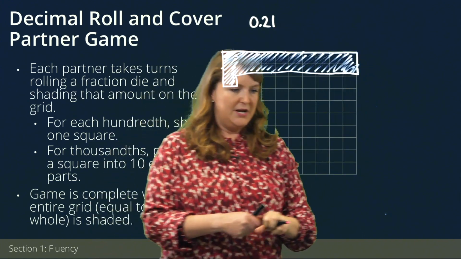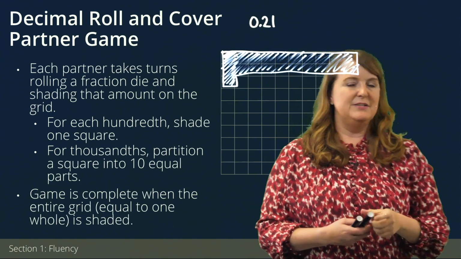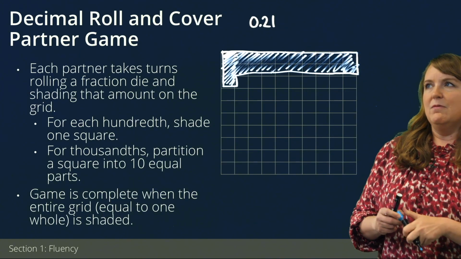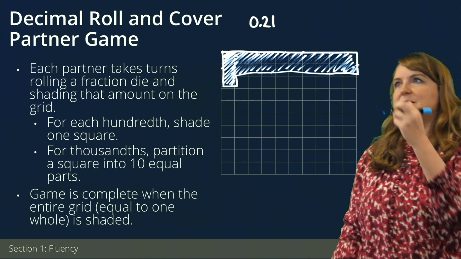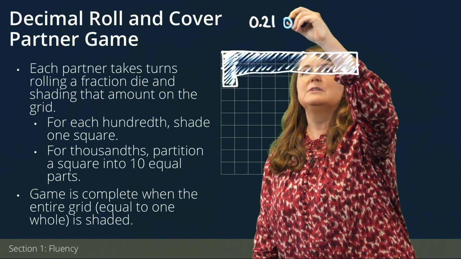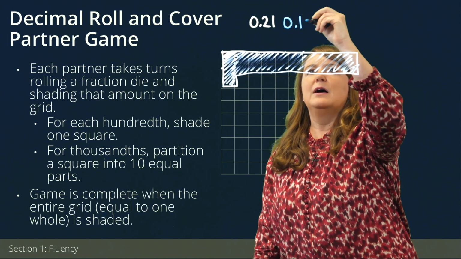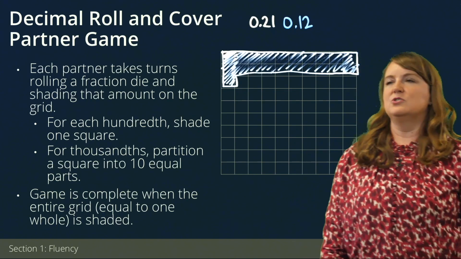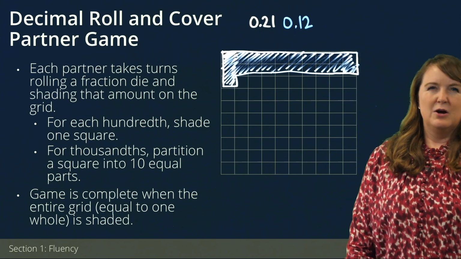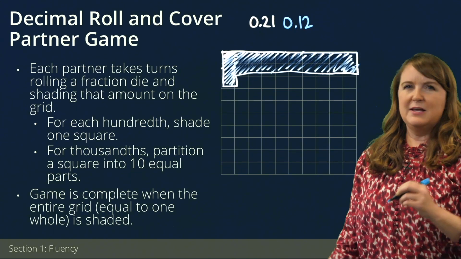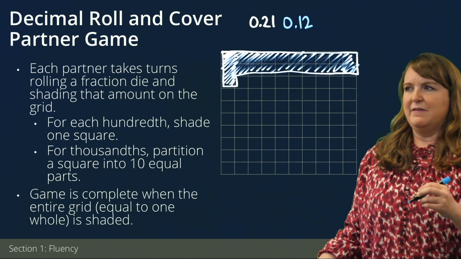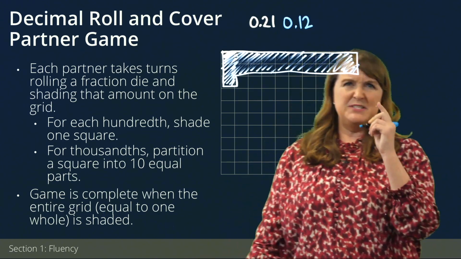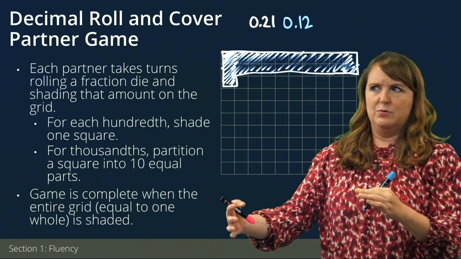Now let's imagine the next partner. They're going to work with a different color marker here. They roll that die and we'll do something kind of simple. 12 hundredths, all right? Or 1 tenth and 2 hundredths. So then I think about, well, what does that look like if I shade? Now I want to be smart because I want to try to shade this whole thing.